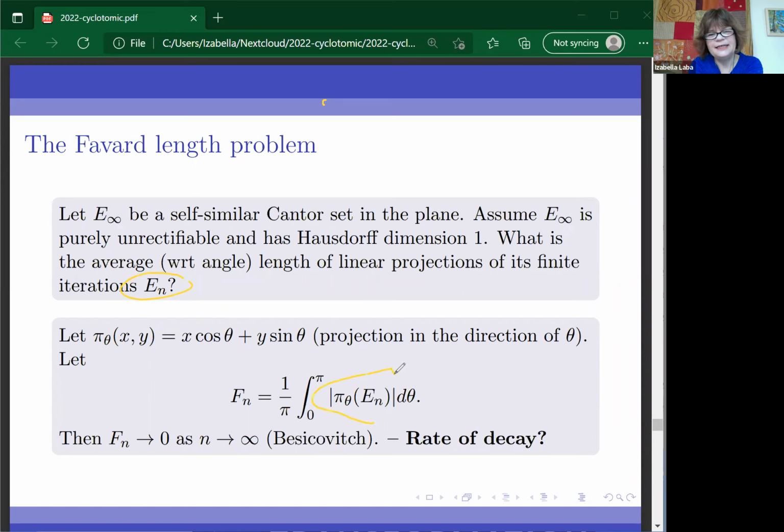We take the projections of E_n in the direction θ. We figure out the length of that, and then we compute the average of it. A theorem of Besicovitch implies that this goes to 0 as n goes to infinity. The question that we are interested in is the rate of decay.